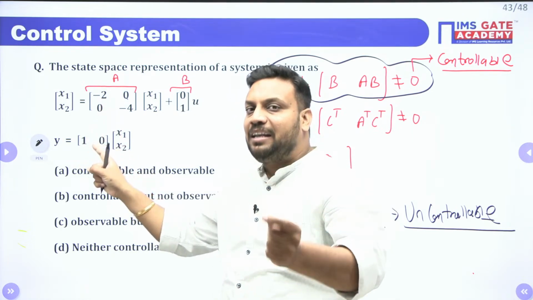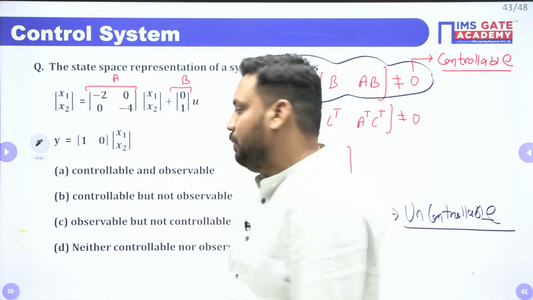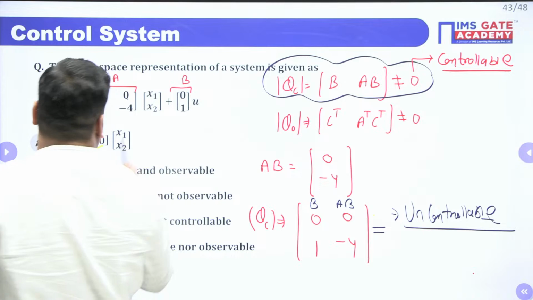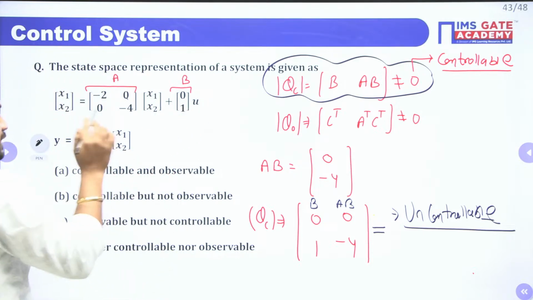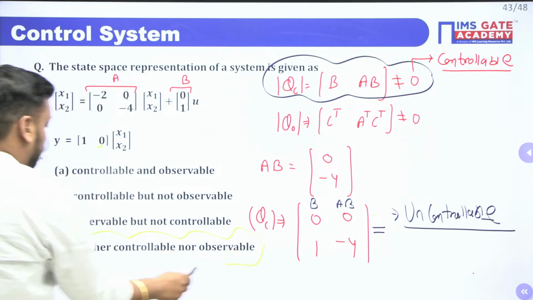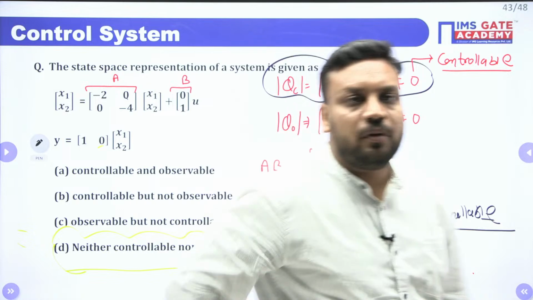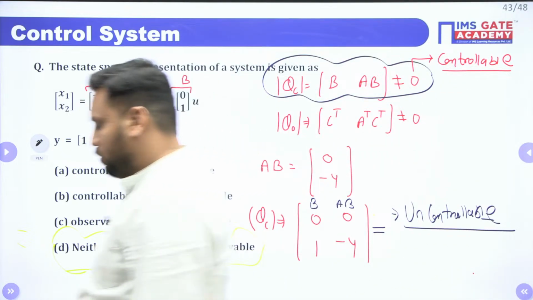In the C matrix, if any coefficient is 0, it is immediately unobservable. So here 0 is present, so it is neither controllable nor observable. I hope this is clear to you now. I hope you are getting the short trick, guys.